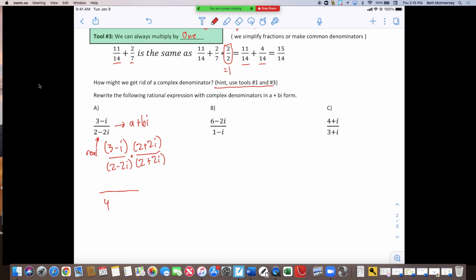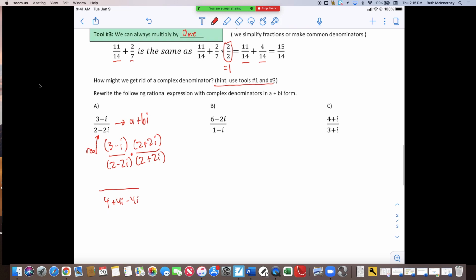The outside is going to give us plus 4i. The inside is going to give us minus 4i. And the last term is going to give us minus 4i squared. And then the top, we'll get 6 plus 6i minus 2i minus 2i squared.